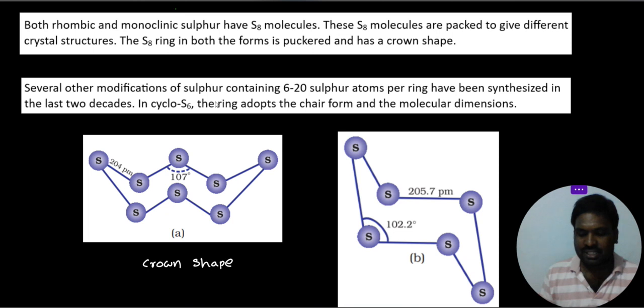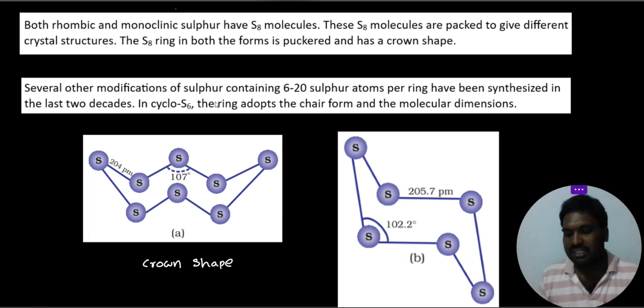Several other modifications of sulfur containing 6 to 20 sulfur atoms per ring have been synthesized in the last 2 decades. In each allotrope, how many sulfur atoms are there? 6 to 20 sulfur atoms per ring.